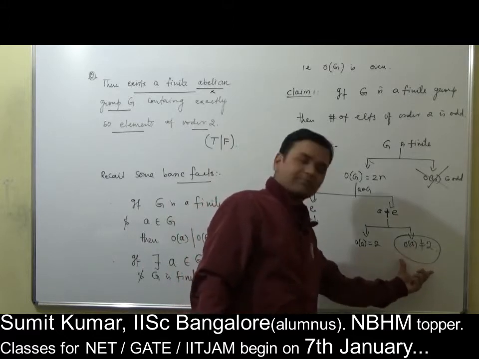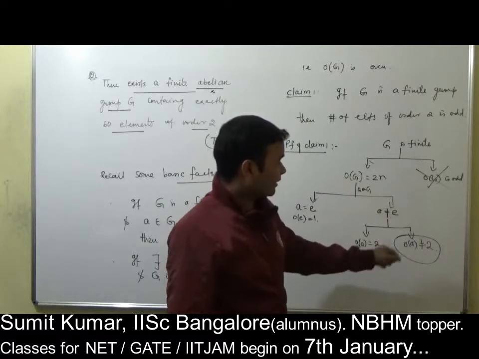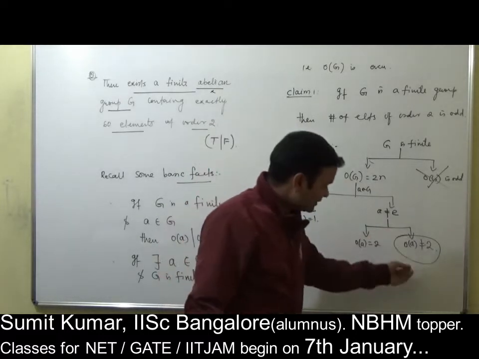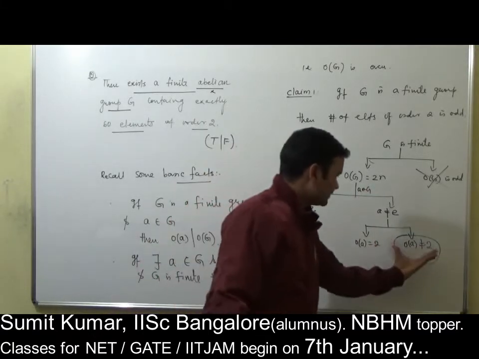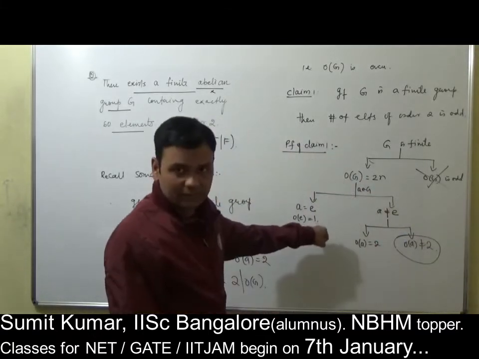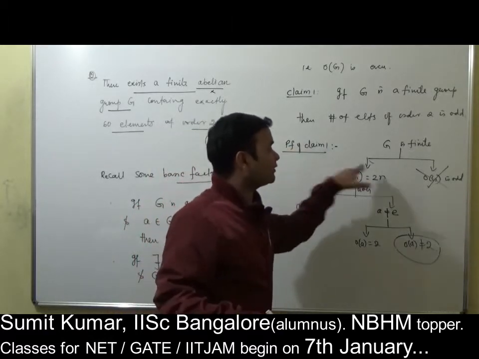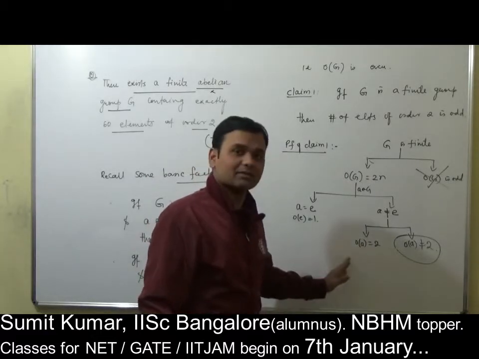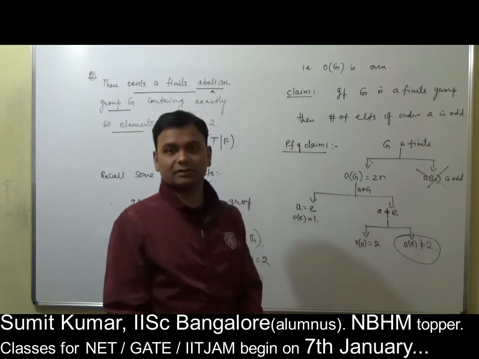That is, the number of elements in a group having order at least 3. If those elements are in even numbers, then adding the identity gives even plus 1, an odd number. If you subtract an odd number from an even number, what will you get? An odd number. So the number of elements of order 2 in a group of even order is always odd. That's what we have to do.